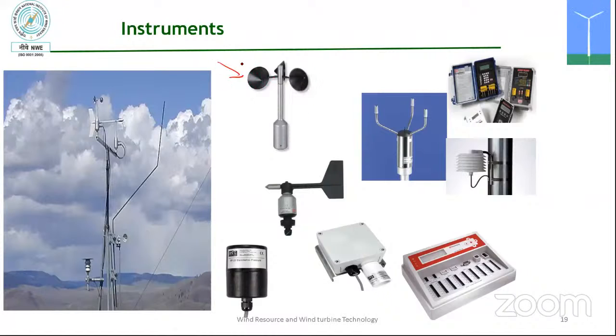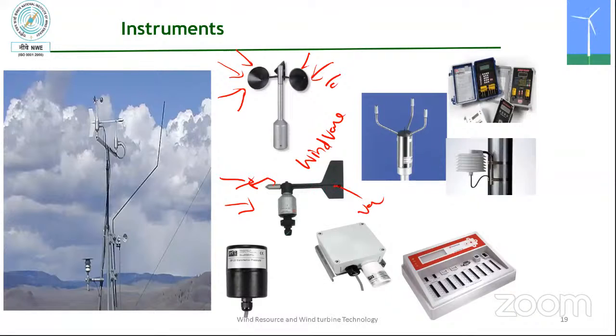When the wind comes and contacts the surface of the cup, this is called the cup anemometer. The cup will start rotating. The number of rotations is directly proportional to the wind speed. Right here, you can see this is the wind vane. When the wind is coming from this direction, the shaft will go towards this direction, and the vane will go to the lee side of the wind direction.